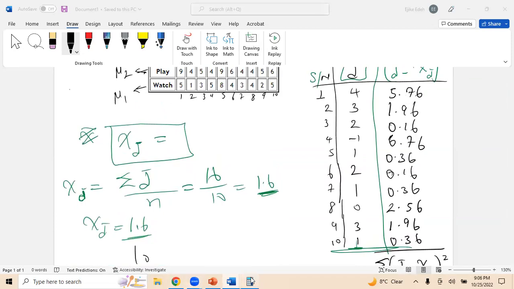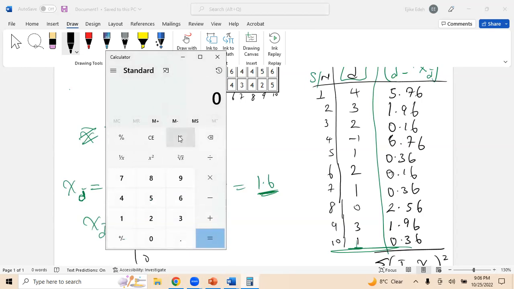So I think the calculator could work here. Clear everything. So we have 5.76, and we are adding 1.96. We are adding 0.16. We are adding 6.76.